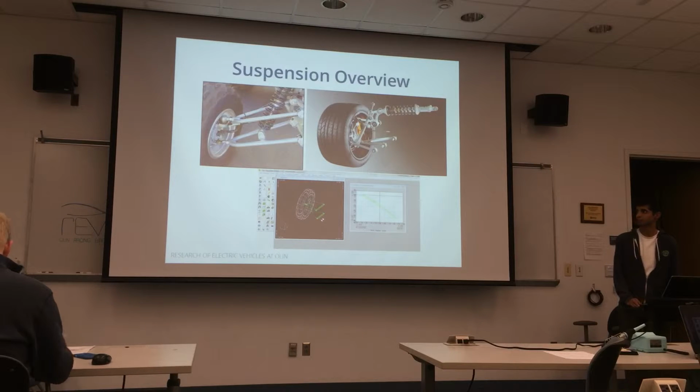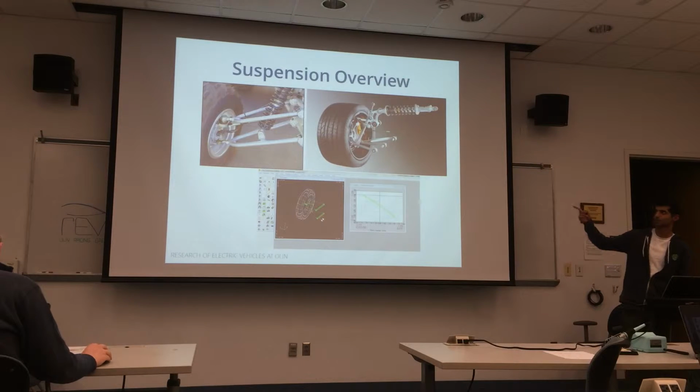The other thing we do is push rod suspension. In the top left, you'll see the shock is just attached directly to the bottom A-arm, but this has a lot of problems. There's aerodynamics, because the shock is in the way of moving air, so there's some drag, and there's also additional unsprung weight.